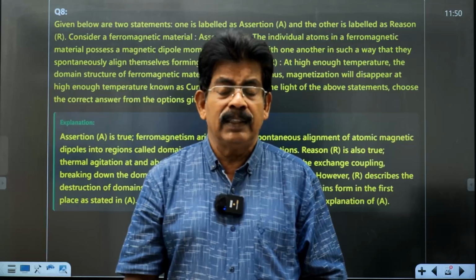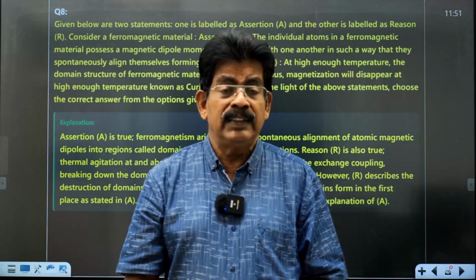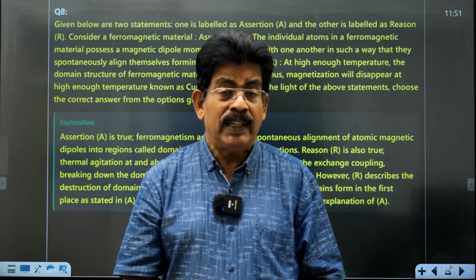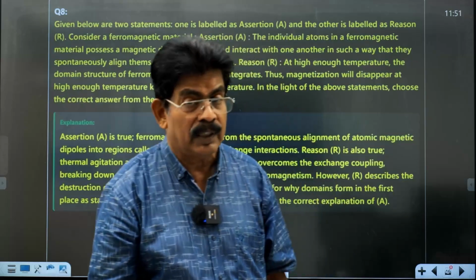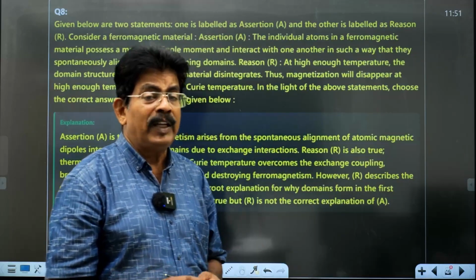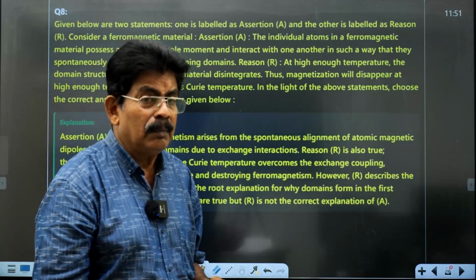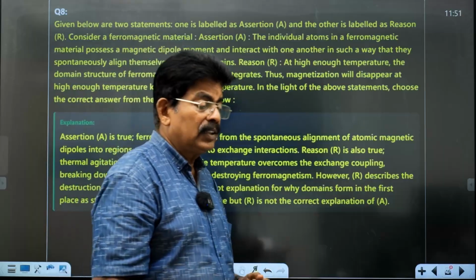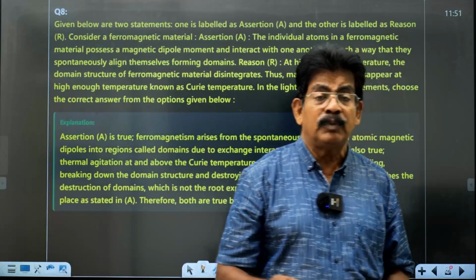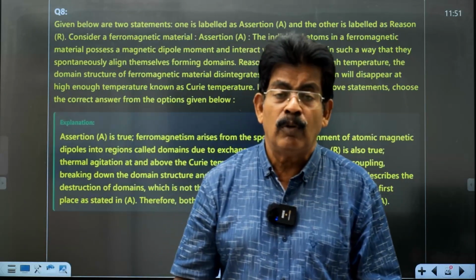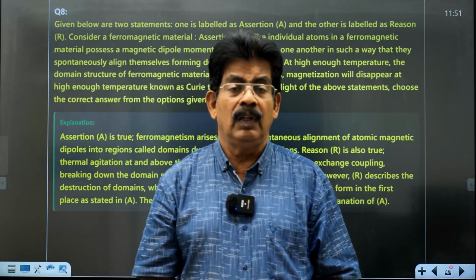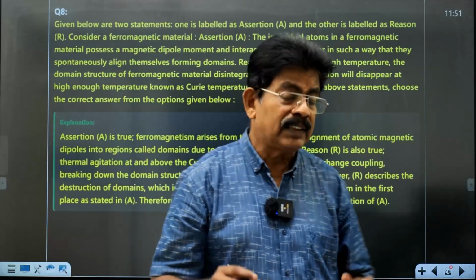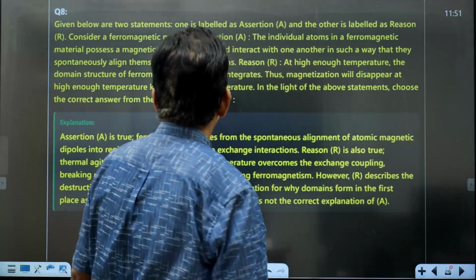In a ferromagnetic material, a domain contains about 10 to the power of 11 atoms. This means the region of a domain has a very large magnetic moment, and this is responsible for the very large magnetic properties of ferromagnetic materials, high permeability. That is the assertion. Then what is the second statement?